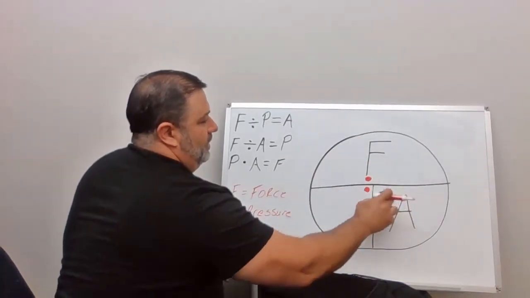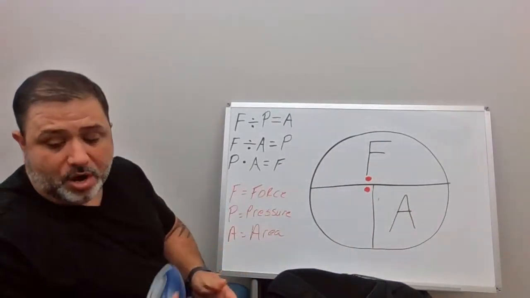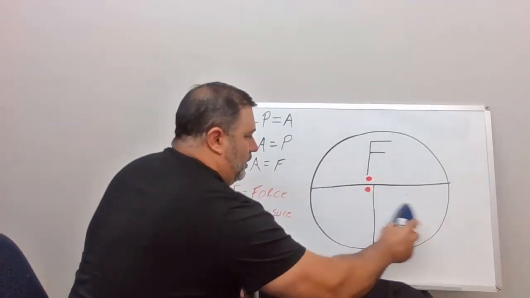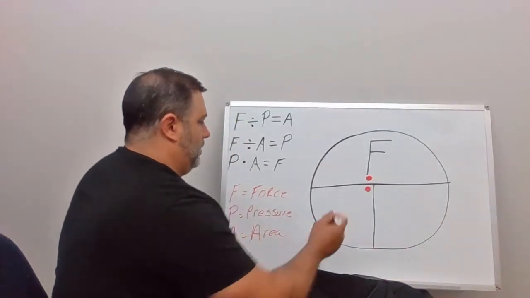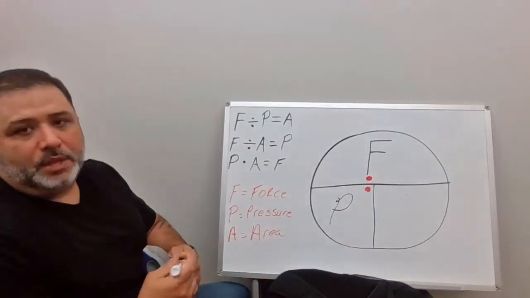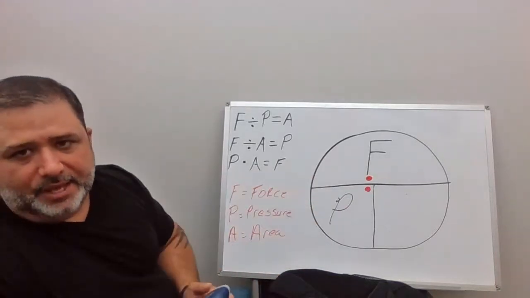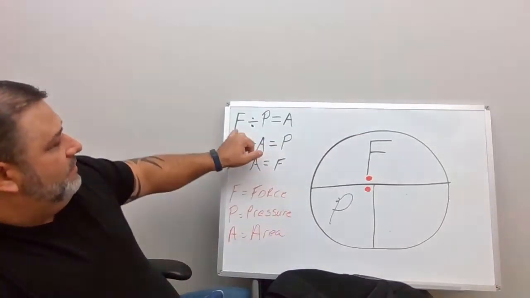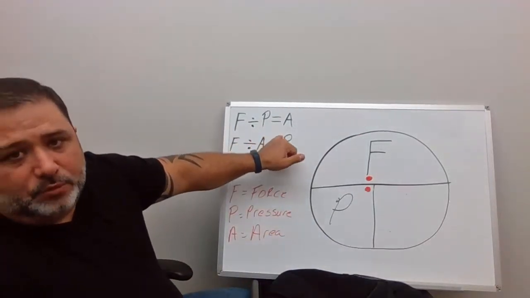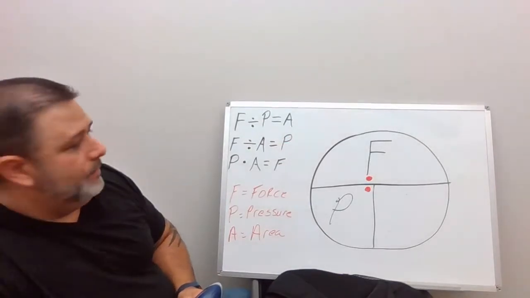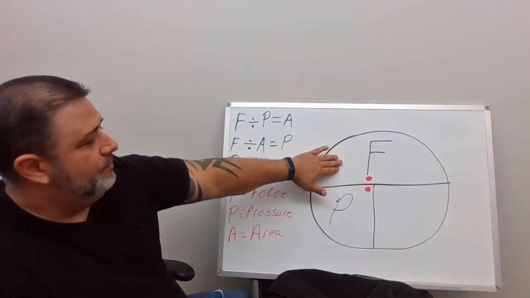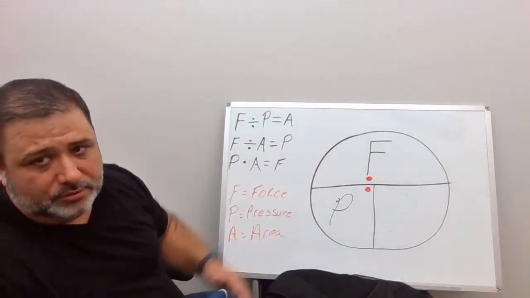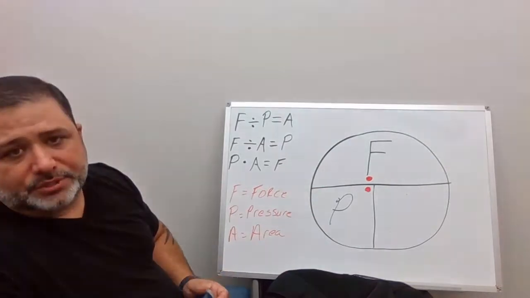If we know our pressure and don't know our area, what do we do? We do the same exact thing. Okay? Anything that's below the force is always divided. Force divided by pressure equals area. So if we have 12 pounds of force, and we divide that by, say, 6 pounds of pressure, that's where we get our numbers.